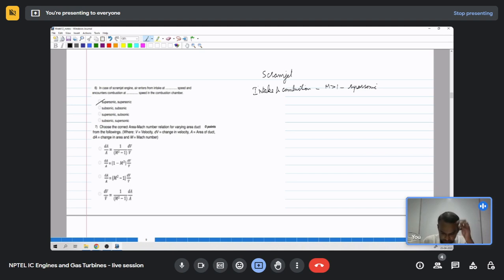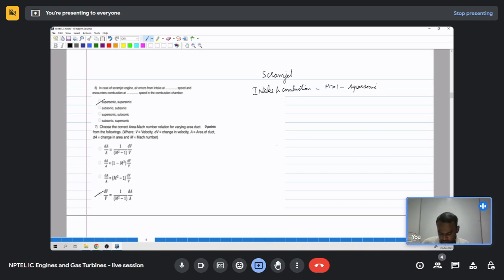Choose the correct area Mach number relation for varying area duct from the following, where V is velocity, dV is change in velocity, A is area of duct, dA is change in area, M is Mach number. Option number 4.